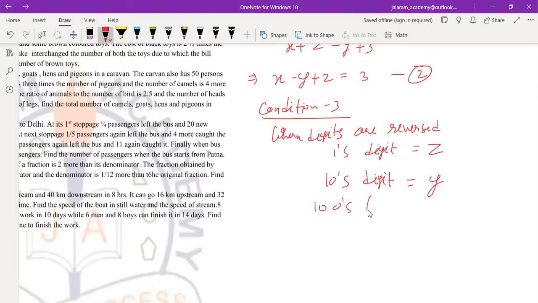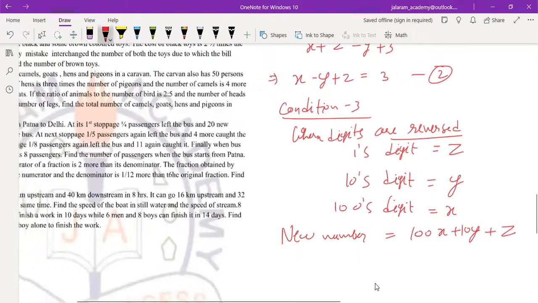And the hundreds digit is that digit which was the ones digit in the first discussion. So what will be the new number obtained by reversing the digits? It is obtained by multiplying 100 with the hundreds digit, 10 with the tens digit, and 1 with the ones digit, and then adding them. So the number is 100x plus 10y plus z.